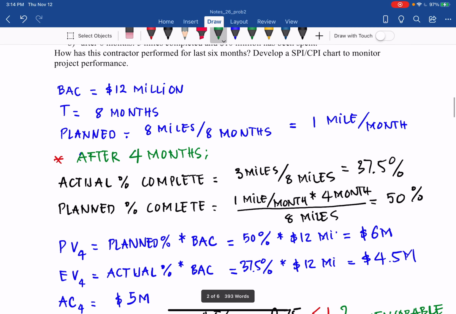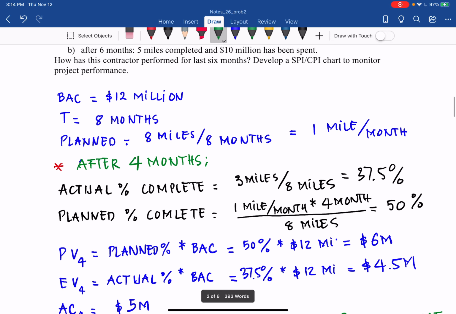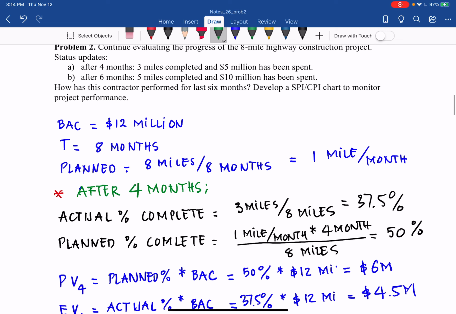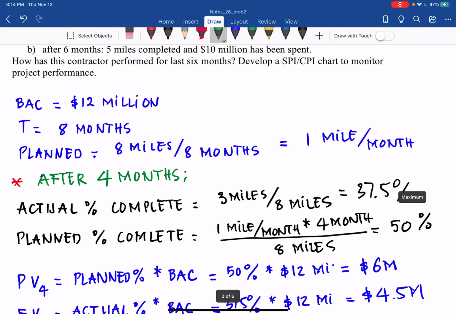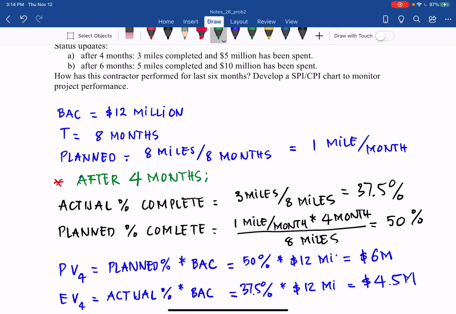We already know from problem 1 that the plan is 1 mile per month, the BAC, budget at completion, is 12 million, and the total duration is 8 months. After 4 months, 3 miles are complete, so the actual percent complete is 37.5%, that is 3 divided by 8 miles.